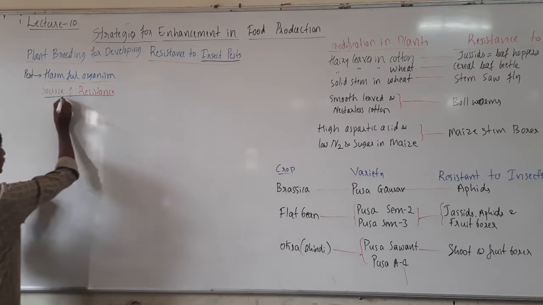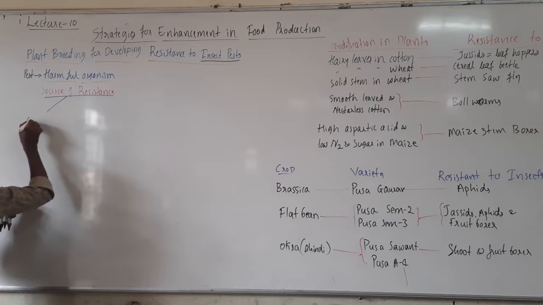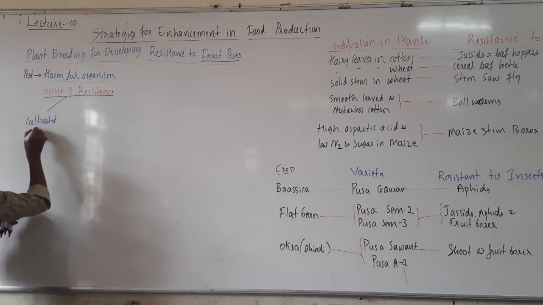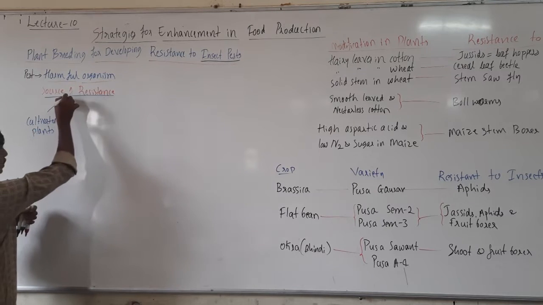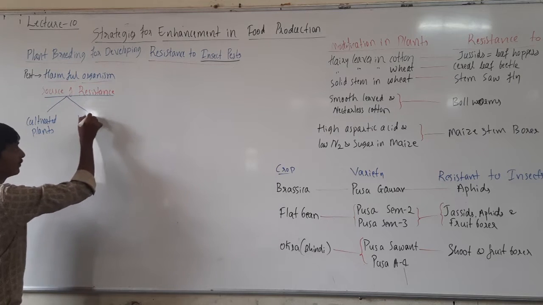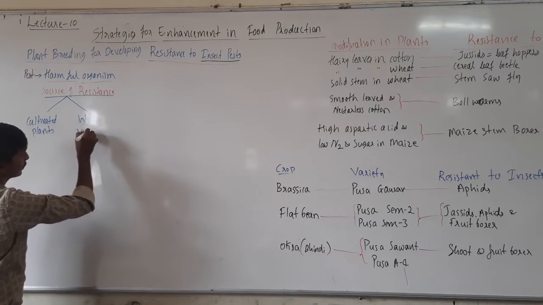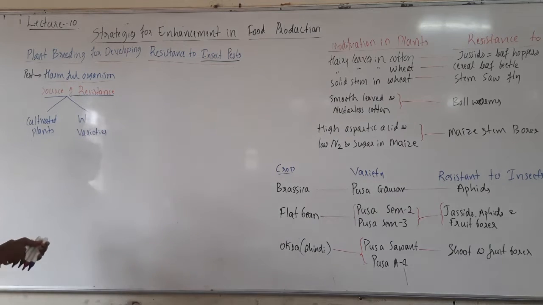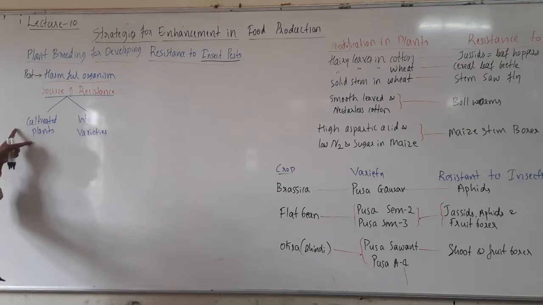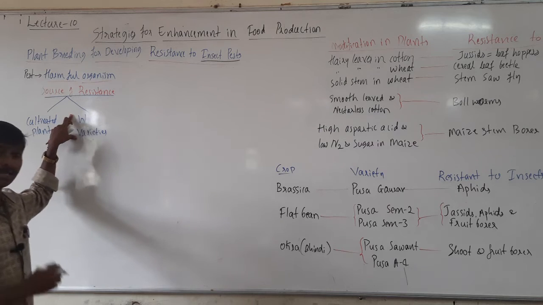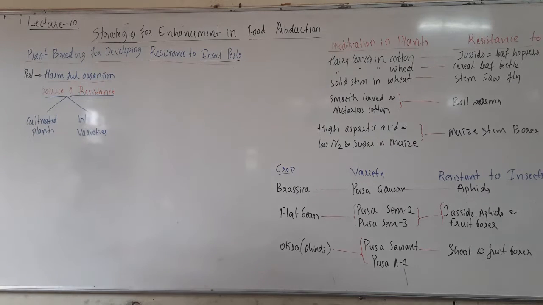The source may be cultivated plants or wild varieties. The resistance genes may be taken from other varieties of cultivated plants, or from wild varieties or wild relatives of these cultivated plants.